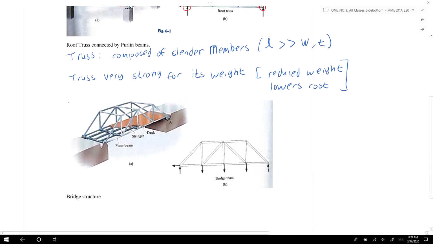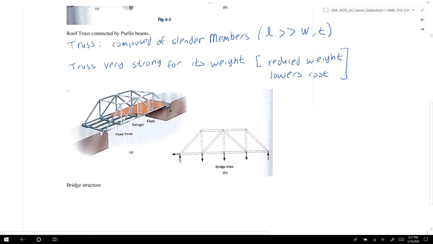A very similar structure is a truss bridge. Typically some weight or forces are applied to the deck of your bridge, and that weight gets transmitted through stringers and floor beams to our truss. You can see those forces being applied here at the truss edges.